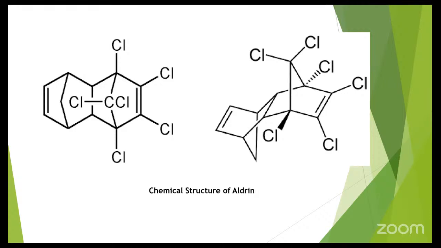Aldrin is almost insoluble in water but soluble in organic solvents. It's highly toxic, and the acute oral LD50 for rat is about 55 mg per kg body weight, and it is easily absorbed through the skin. Aldrin is a contact and stomach poison that also possesses a fumigant action. It was used primarily to control soil insects, cotton rootworms, wireworms, white grubs, cotton insects, and turf insects.